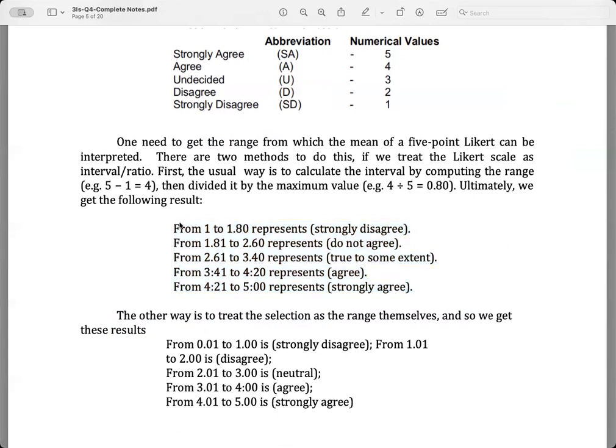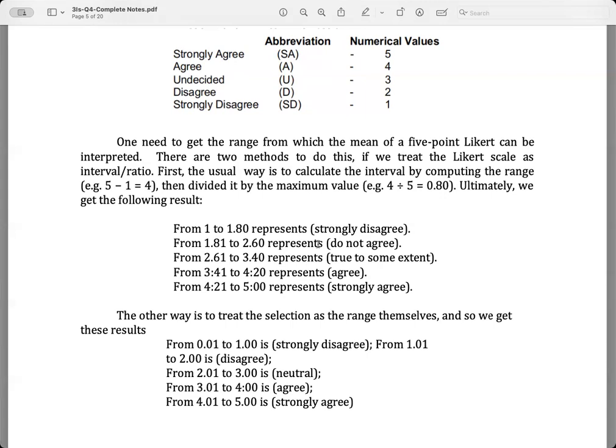Now, this is an arbitrary interpretation. That means it's the researcher who made these ranges, but there are some tools that have their specific mean range interpretation or data interpretation. So you can look into that, because standardized tools would have their own data interpretation, and it's important that you review those standard interpretations when coming up with your own data interpretation as well.